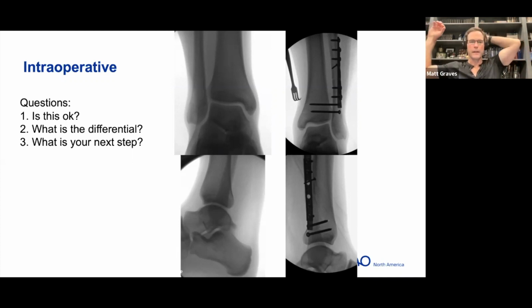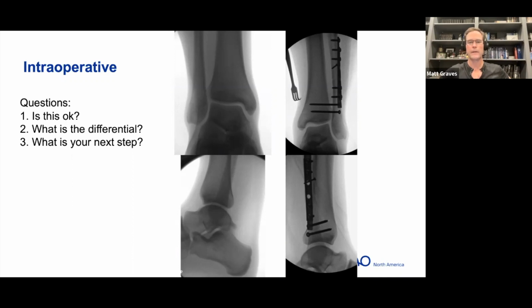So it's contralateral images that you see on the left-hand side of the screen versus the images from the case that we were doing on the right-hand side of the screen. You'll see that the joint looks fat, and this is with a neutral dorsiflexion injury. You'll find with bad capsular and ligamentous injuries, your joint can look irregular when it's plantar flexed or allowed to be in a non-anatomic position. So this is a neutral dorsiflexion joint, and it still looks fat, so something's wrong.